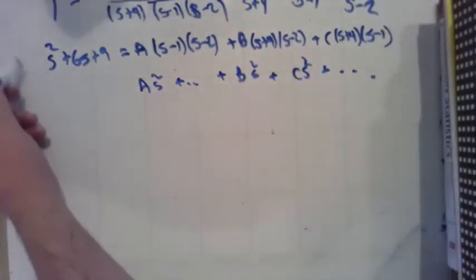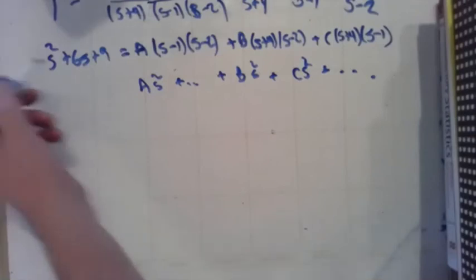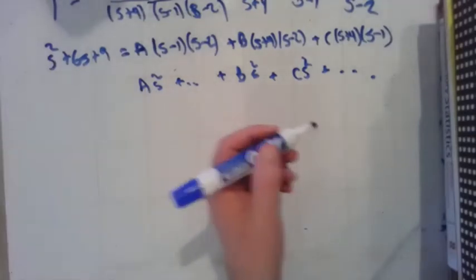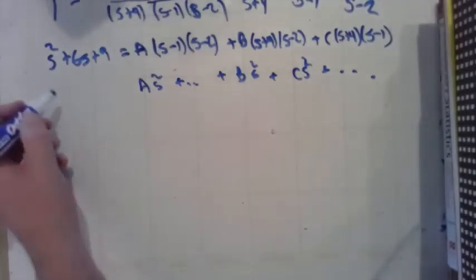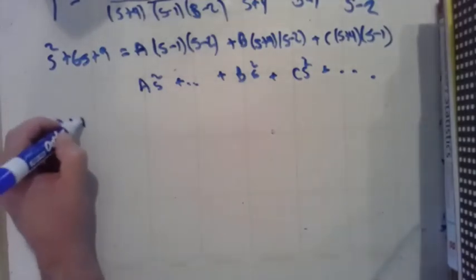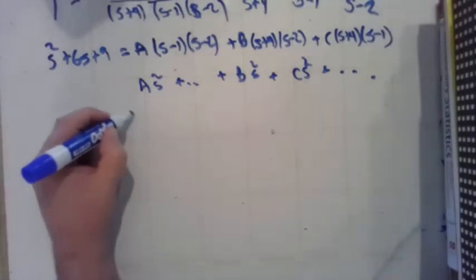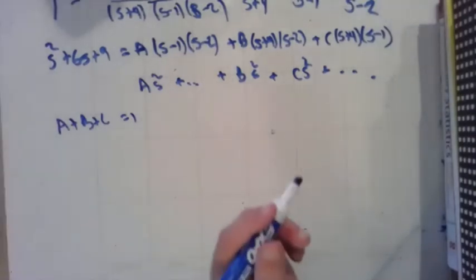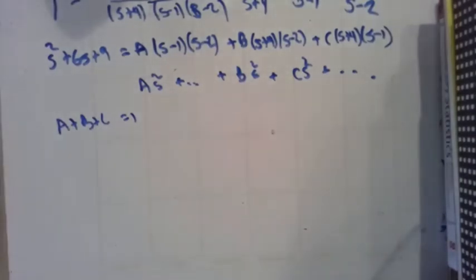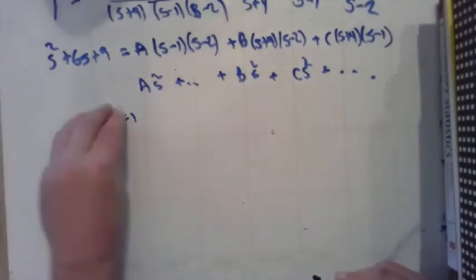Over here, my s squared term is 1. The only way two polynomials can be equal for every value of s is if all the coefficients are equal. So A plus B plus C must equal 1, because I have 1 s squared over here. I could do all that and get a system of 3 equations and 3 unknowns. It's nasty, but it's doable.